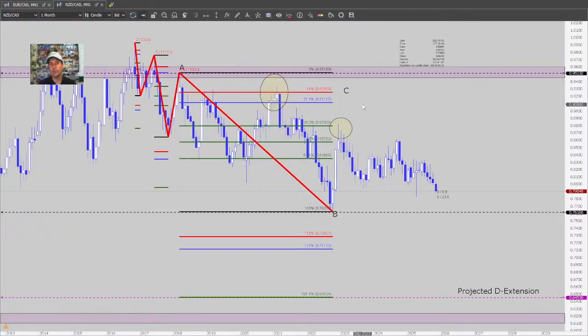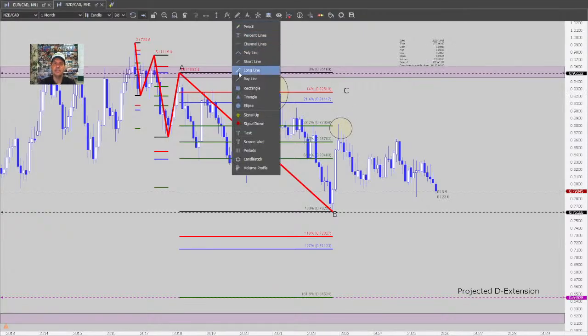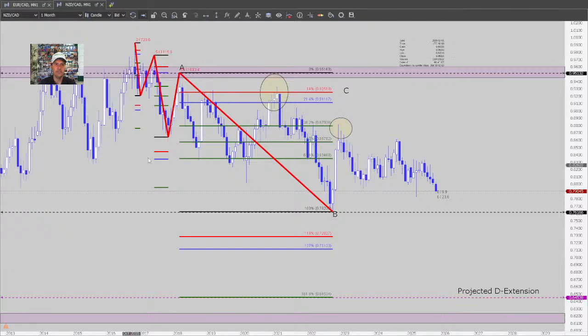You need to learn the rules, everybody. It's not that difficult. The C is the highest point inside the AB boundary, after the B.